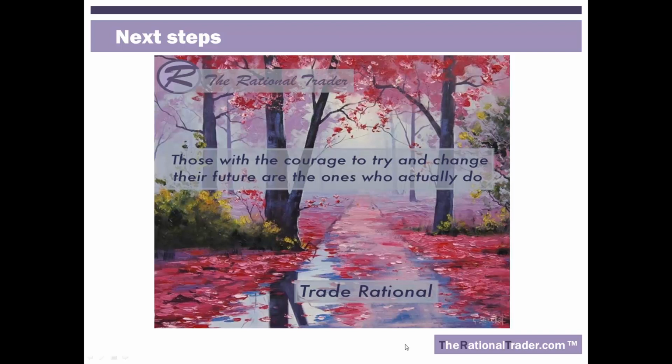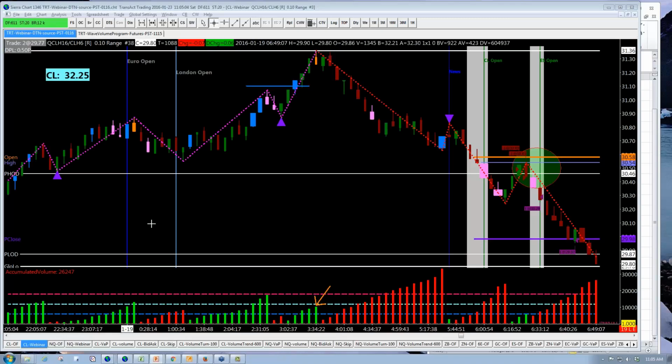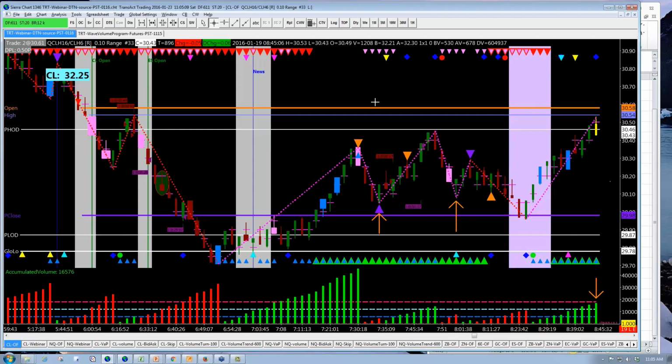It looks like you trade mostly off just cumulative volume. No, I'm only showing you this because we don't have a lot of time today. This is the real chart. And all of these signals here are related to the order flow. So you put these two together, wave volume and then order flow.